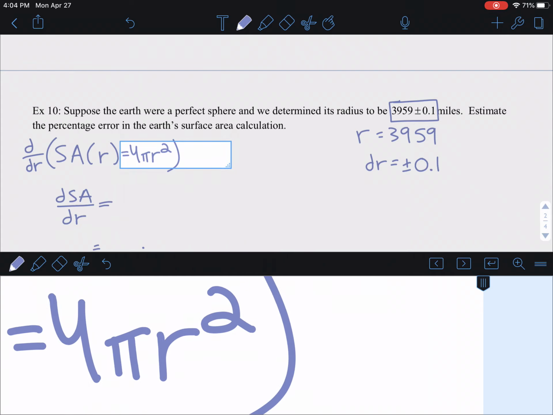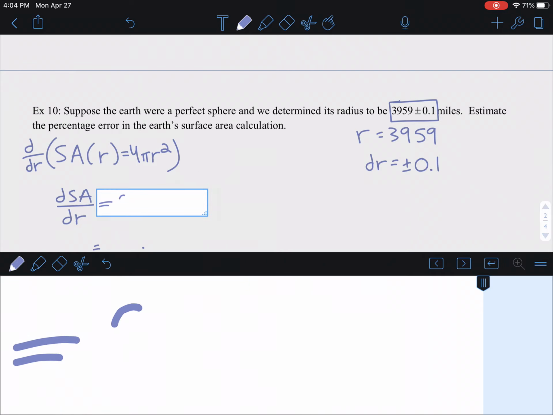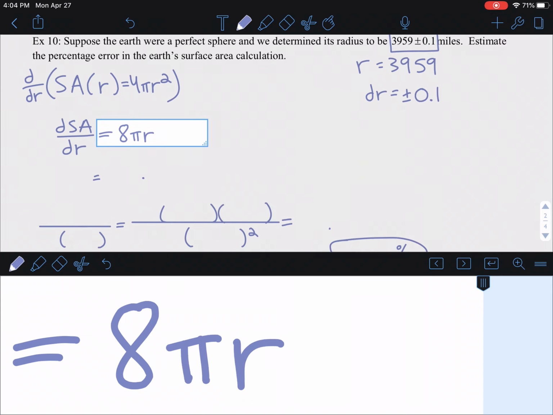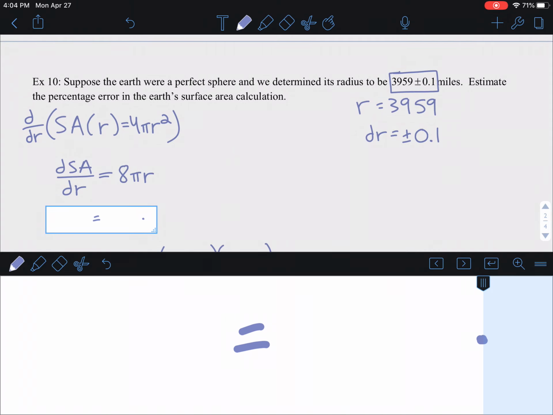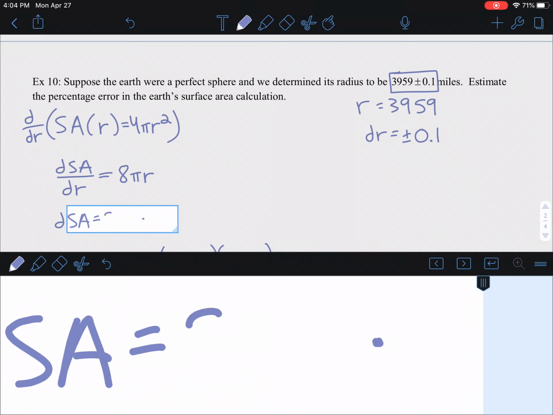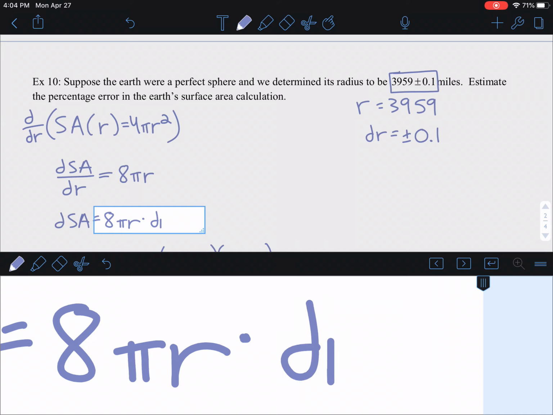On the right-hand side, we do the power rule, and so we get 8 pi r. Now we multiply the differential for the radius over to the other side, and we get the differential for the surface area to be 8 pi r times dr.